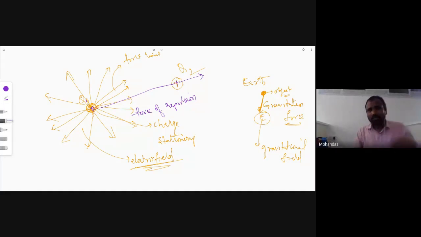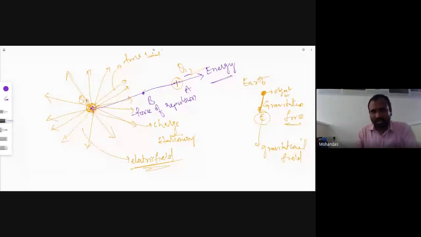Suppose I want to move this Q2, let us say the location of Q2 is A, to the location B. As there is a force of repulsion, to move this Q2 from A to B, we have to expend some external energy.